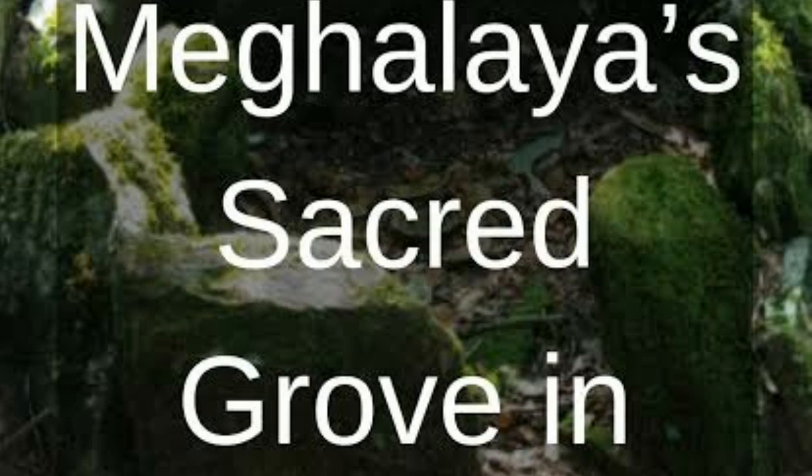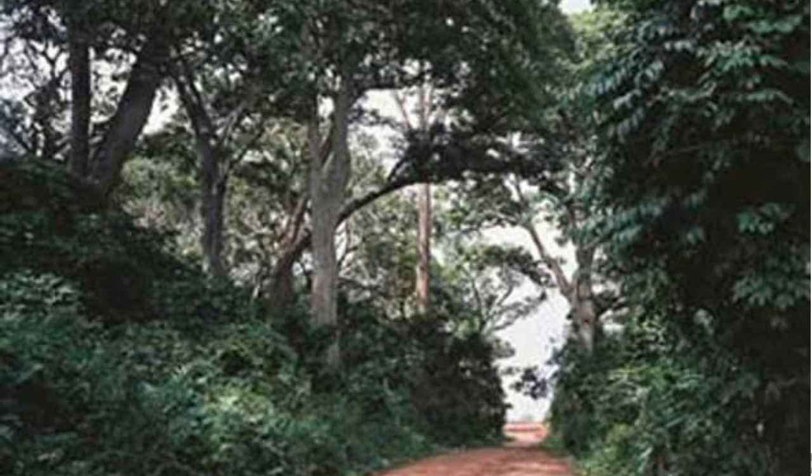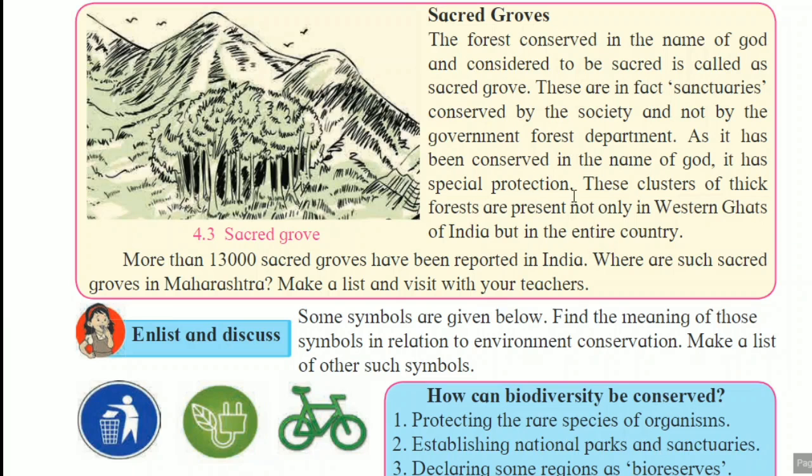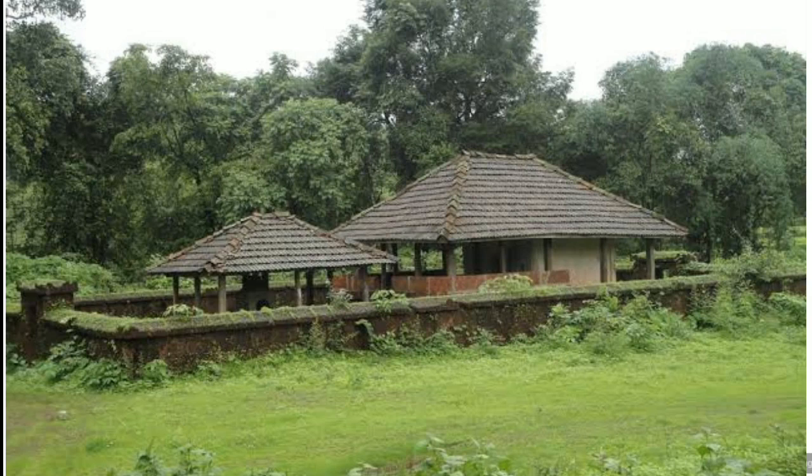These are in fact sanctuaries conserved by society and not by the government forest department. As it has been conserved in the name of God, it has special protection, and in different religions there is a special weightage, a special worship of these plants. So different examples are there.